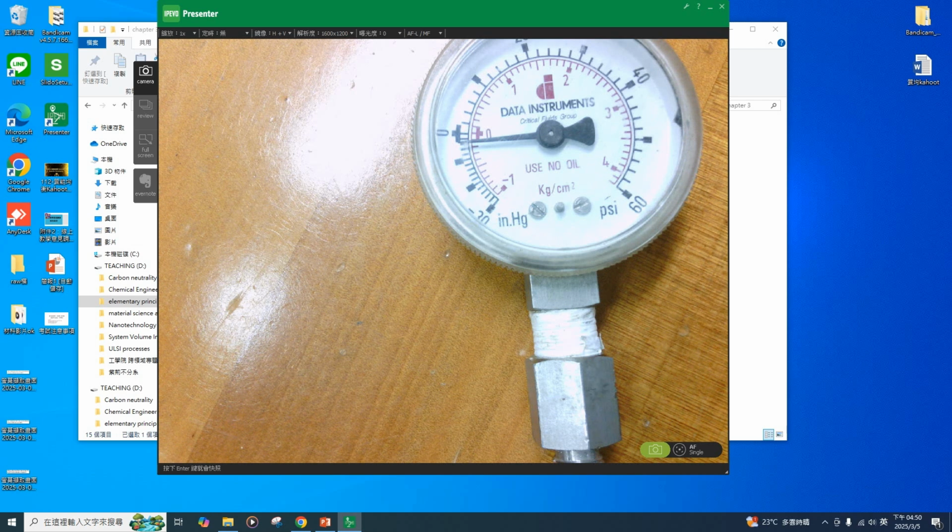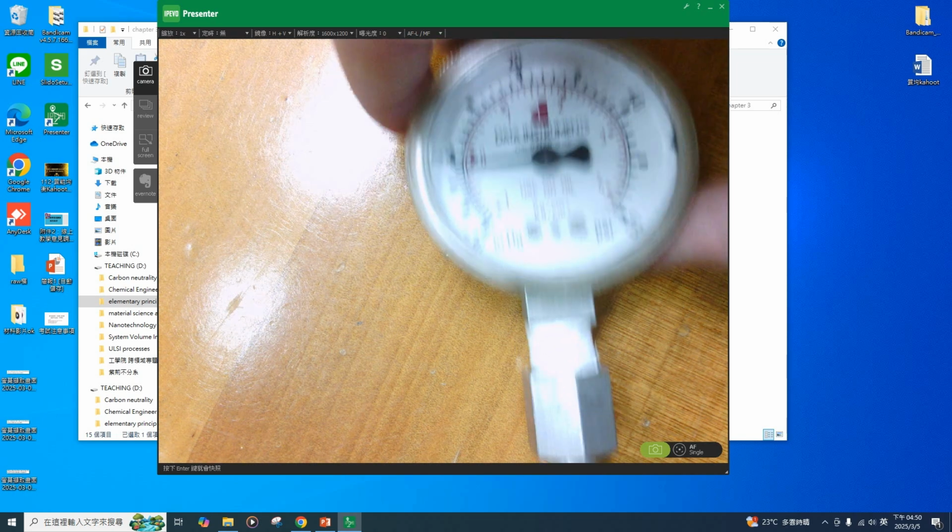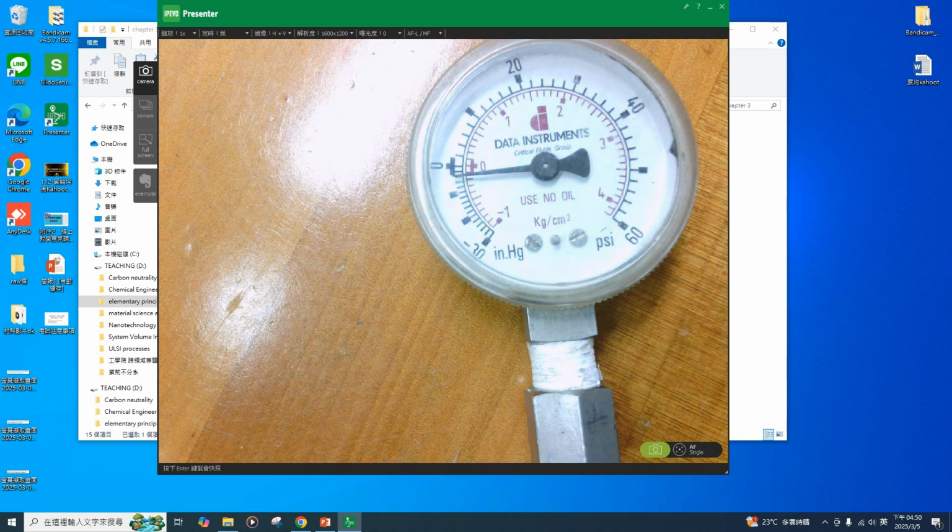A, gauge pressure; B, absolute pressure. One more chance. This is now empty, not connected to anywhere. The indicator is 0. So is this gauge pressure or absolute pressure?